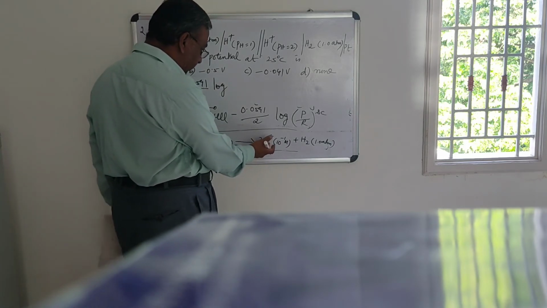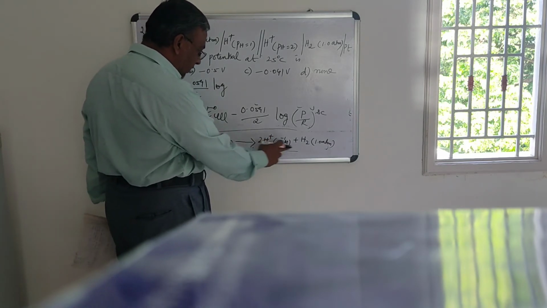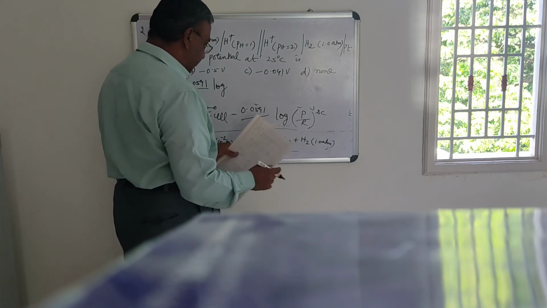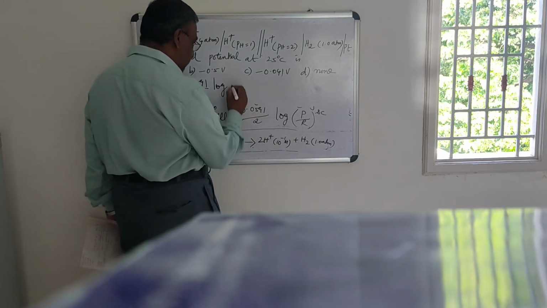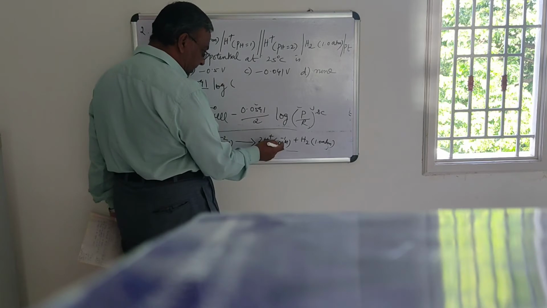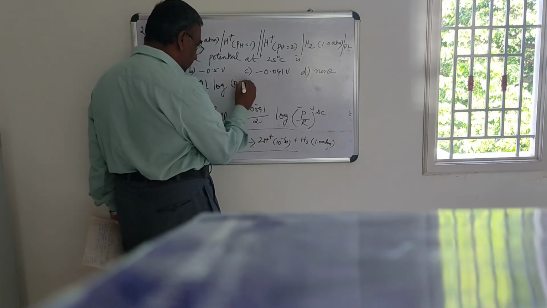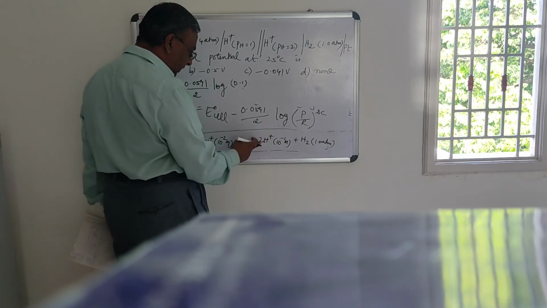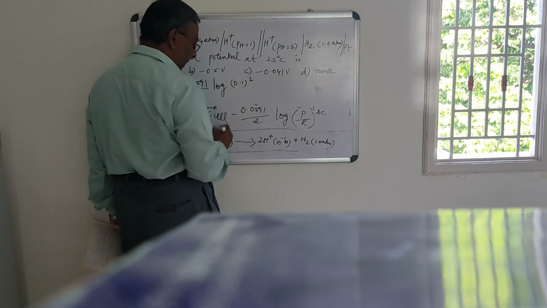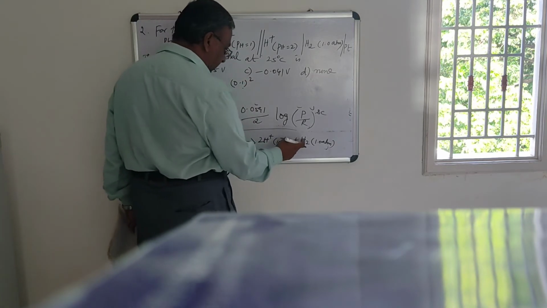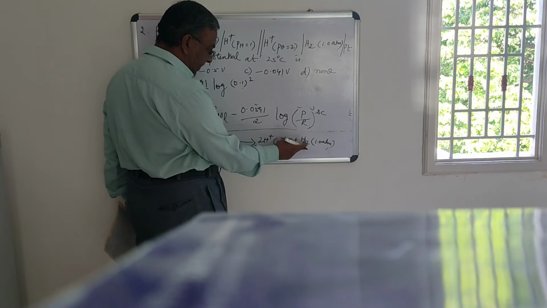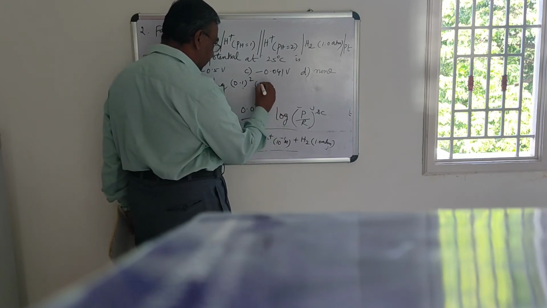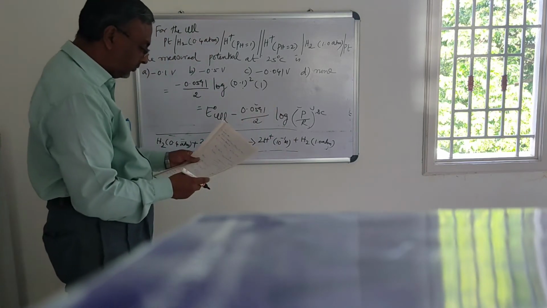Here I have H plus ions and hydrogen gas. H plus ions having concentration 10 to the power of minus 1, that is 0.1, squared, and the concentration of hydrogen gas at 1 atmospheric pressure is 1.